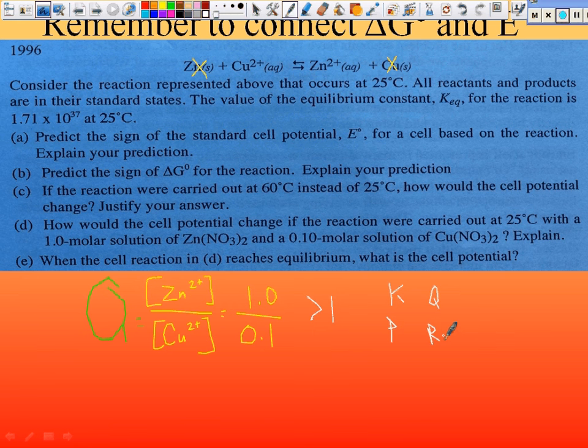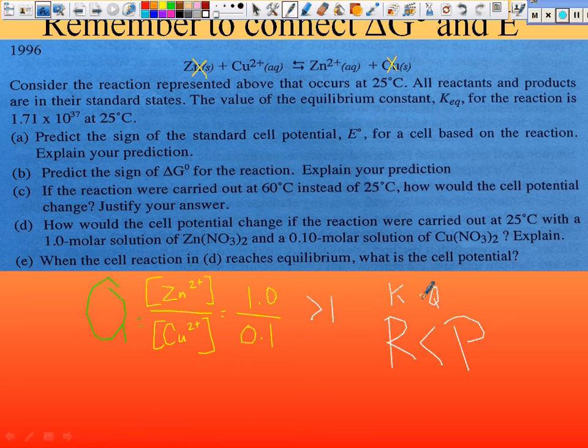Wait, I wrote that backwards, didn't I? So you told me the products were greater, so what way is it going to shift? Back towards the reactants, because if you've got too much product, it's going to want to make the reactants.